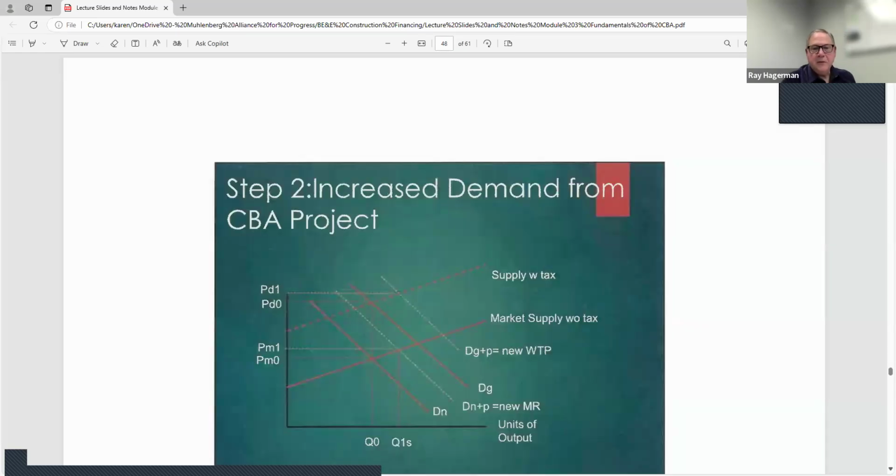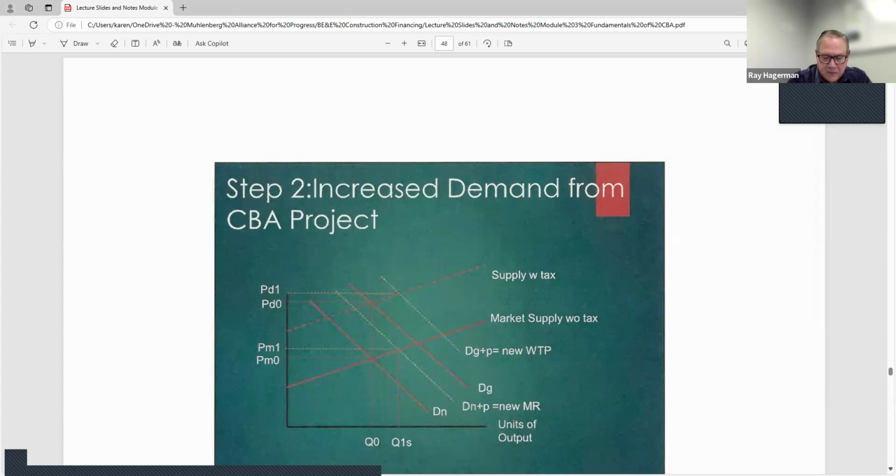Okay, so increased demand from the CBA project. What that really means, and this looks a lot more complex than it truly is, is we're assuming that the CBA project increases demand for this particular output or intermediate. The increased demand from the project shifts both of these demand curves outward.